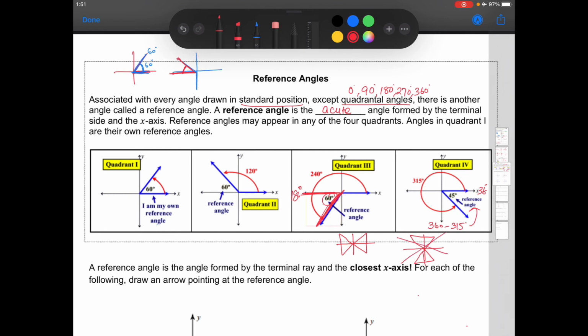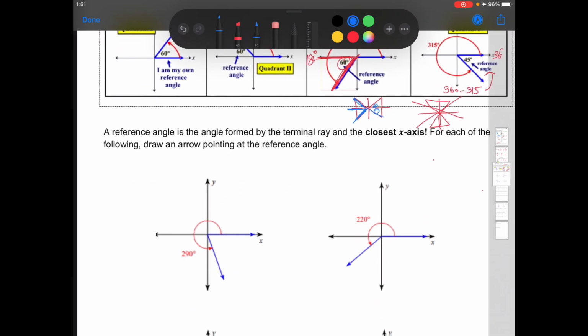So please catch that and cross it out. It'll never look like that because it is between the terminal ray and your x-axis. So your theta is here in between. I know it's like a smushed up picture, but that's what it is. Please be very careful. The reference angle is the angle formed by the terminal ray and the closest x-axis.